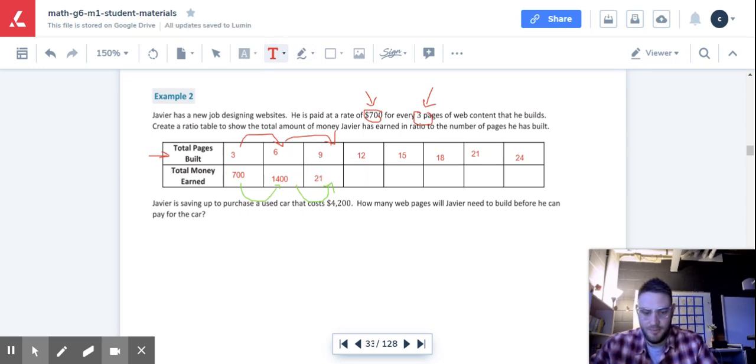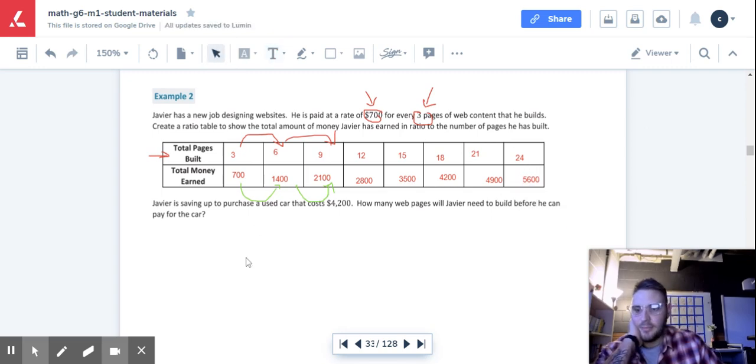So 2,100, 2,800, 3,500, 4,200, 4,900, $5,600. So at the end there, Javier made quite a bit of money.